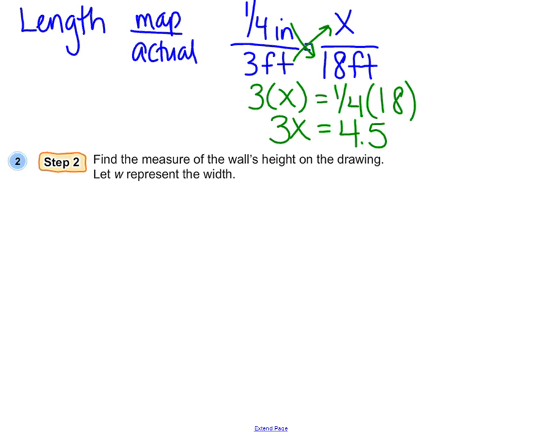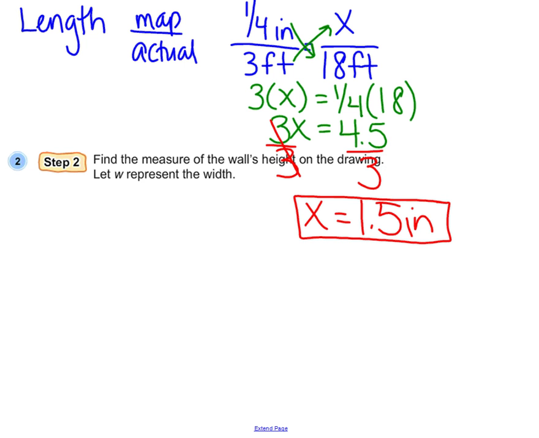We're going to divide both sides by 3 so we can solve. All right, and so x is going to equal 1.5 inches on the map. So if we're going to draw this on paper, we know that the length needs to be 1.5 inches.